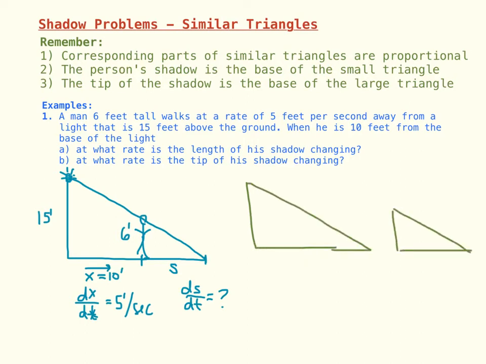Our big triangle has the left-hand side of the lamppost, so that was our 15 feet. Our big triangle has this entire side as the base, so X and S make up the base. If I wanted to combine those, I would say X plus S is the base of this triangle.